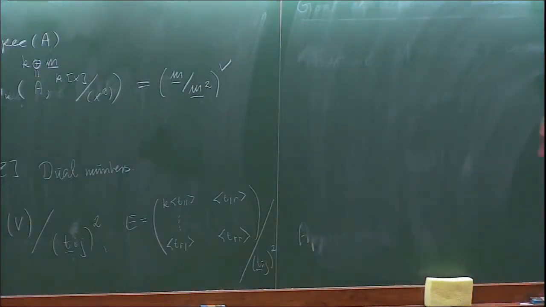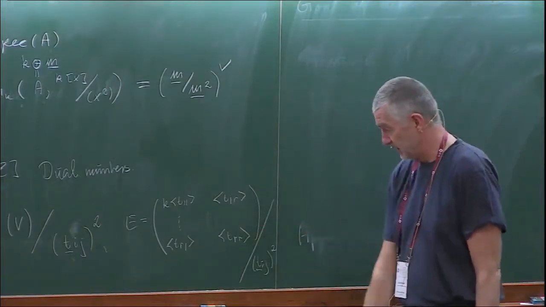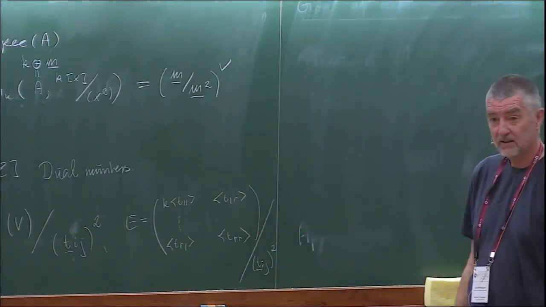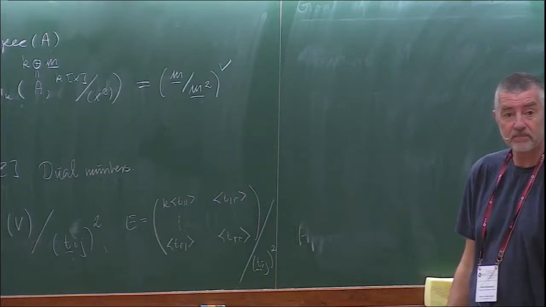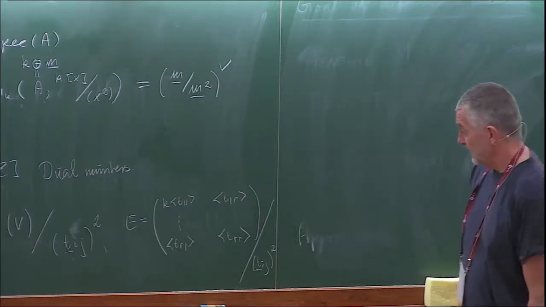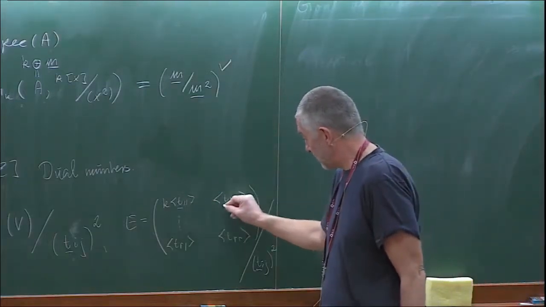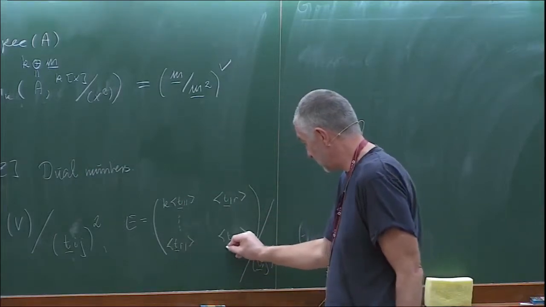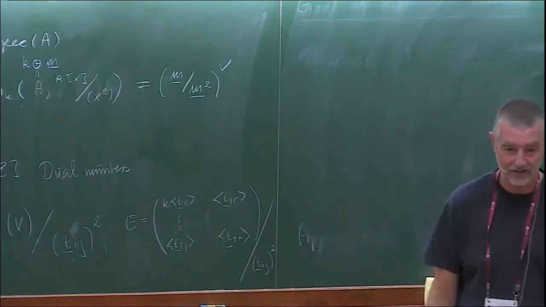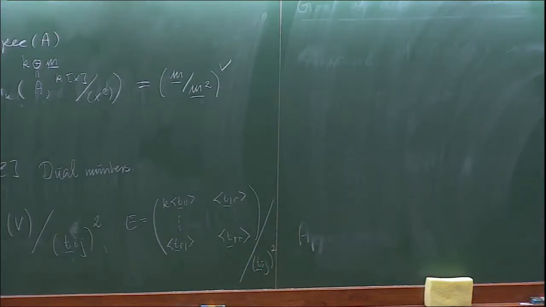So everything that is squared vanishes, and we have a finite dimensional vector space. And we should use the bars because it doesn't necessarily have dimension r squared plus r, because we have r on the diagonal also.